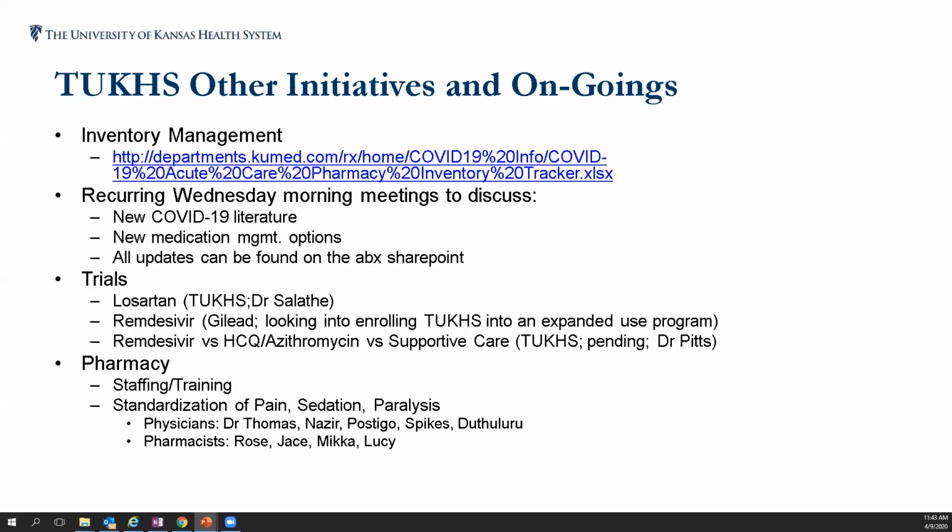There's also a group that met this week standardizing our pain, sedation, paralysis. Really the goal of that group is just to be judicious in the use of our meds in each of these categories and create some sort of standardization. As we expand in terms of the number of NICU patients, it will not just be Pulm ICU physicians taking care of these patients, but also anesthesia.